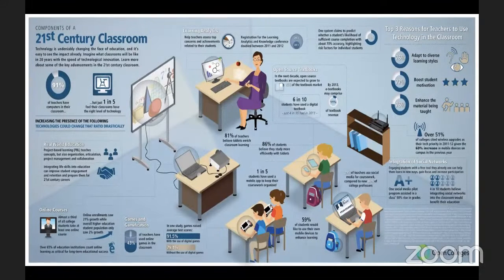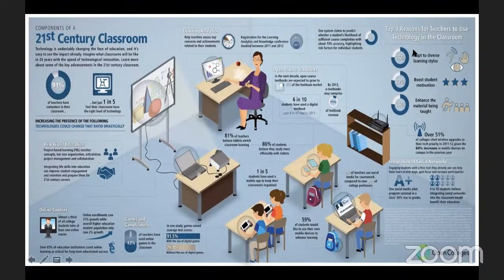So it is no longer the traditional classroom. And already even research is showing that adoption of ICT in teaching and learning does quite a lot in improving our education across the different levels.